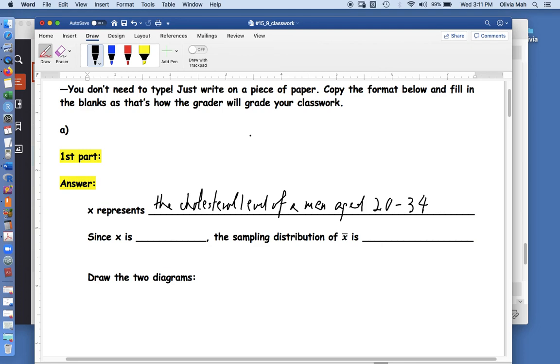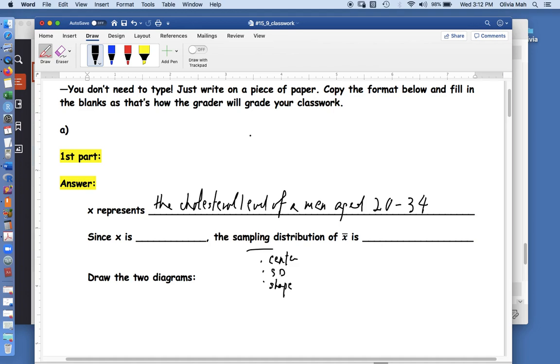When they ask you about the sampling distribution, they're basically asking you about three things. One is, what's the center of all possible sample means for a certain size? Two, what's the standard deviation for all those sample means? And three, what's the shape?